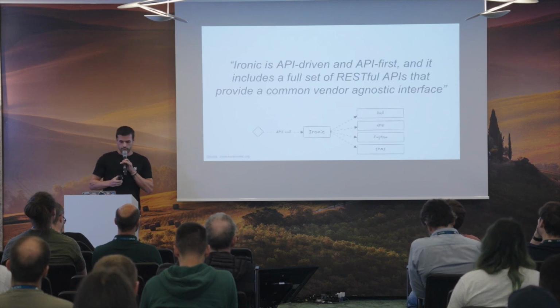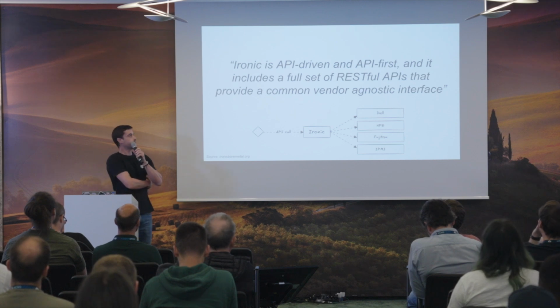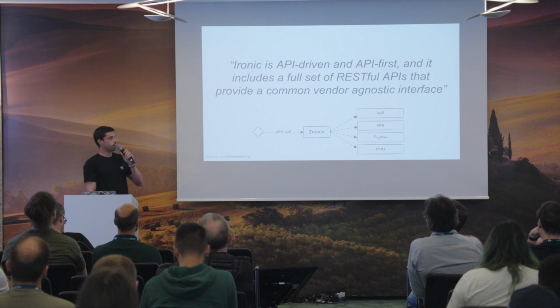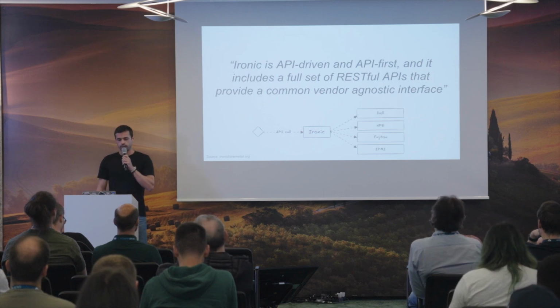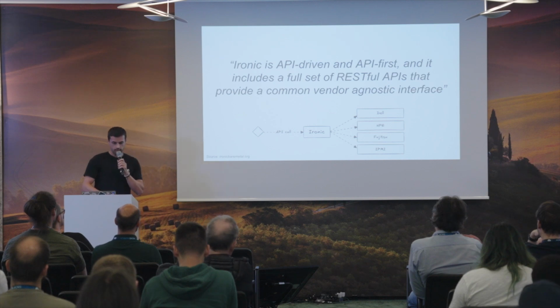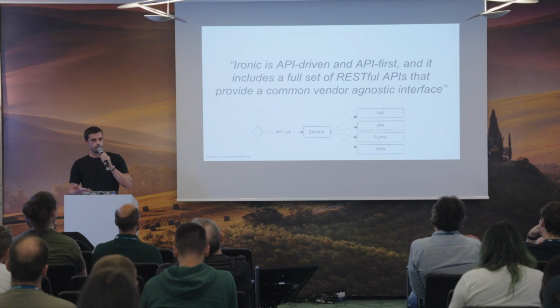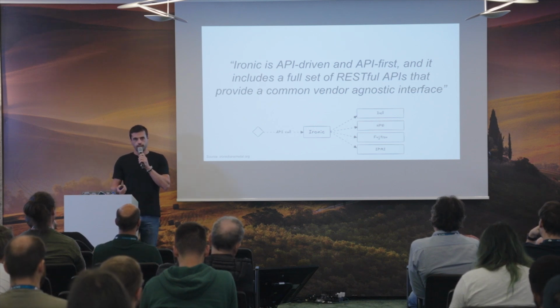So Ironic is API driven. It is described as, this is from the official website, API first, and it's a full set of REST API commands. So by just issuing API calls to Ironic, we will be able to talk to any kind of backend hardware.